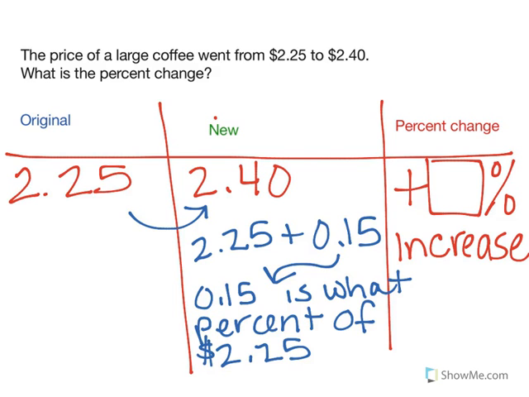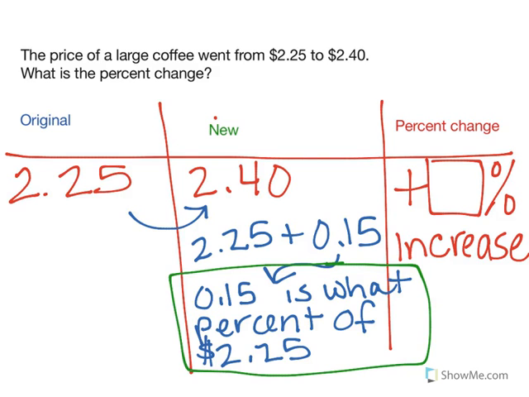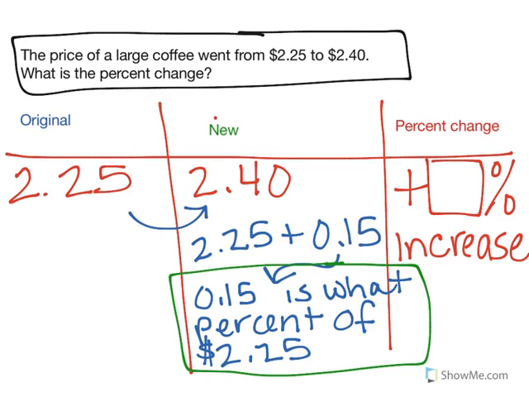$2.25. So ladies and gentlemen, what I'm going to ask you to do as part of your homework is answer this question right here. So your notebook should have the example with the words. So these words right here are your example, okay? And I want you to write that down and write the notes that I've given you so far.